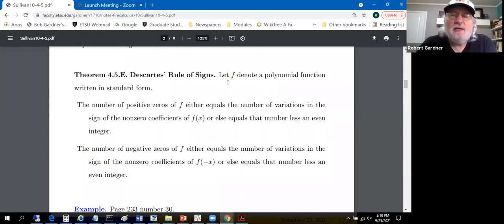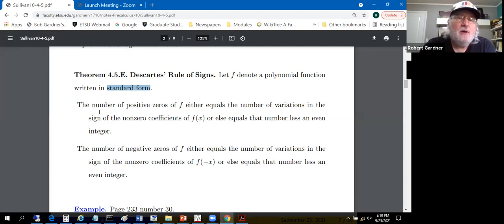Descartes' rule of signs gives you an idea about how many positive roots and how many negative roots a polynomial function can have. So let f denote a polynomial function written in standard form. You'll recall that was decreasing powers of x, highest power of x first, second highest power of x, and so on, with a constant term on the far right.